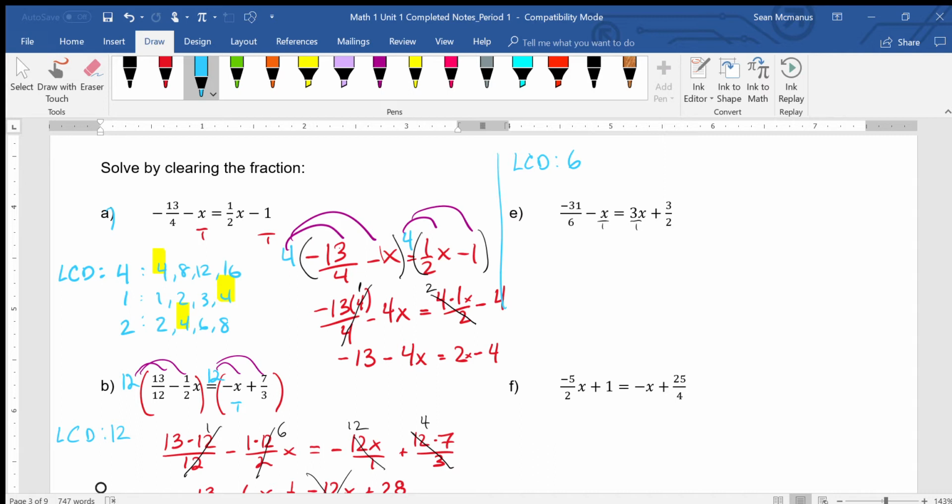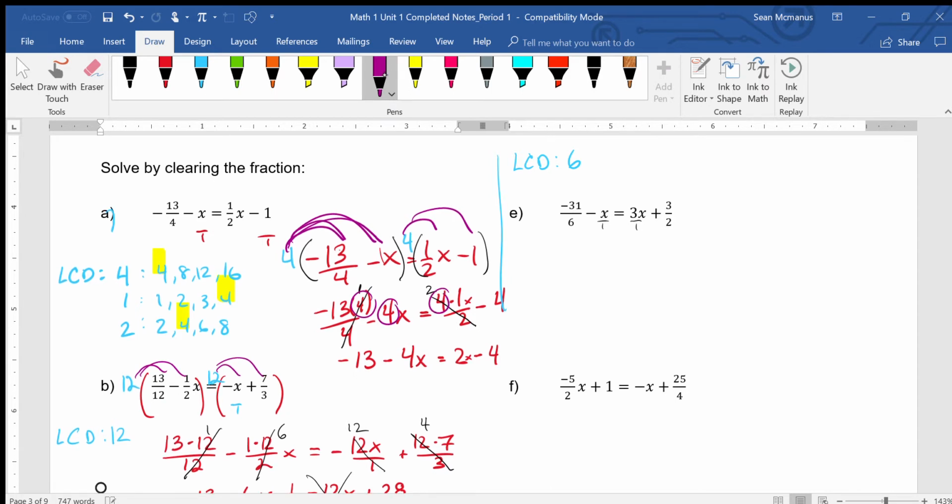So if I think about what happens when I distributed, like in problem A, right, if I think about how I distributed the 4 with this term and then the 4 went to this term, I ended up just really multiplying every single term by 4. That's the result of distribution.